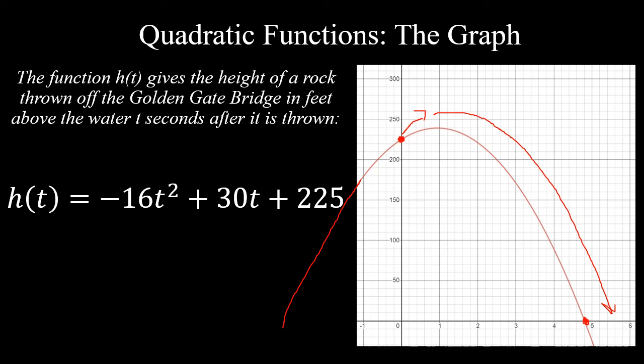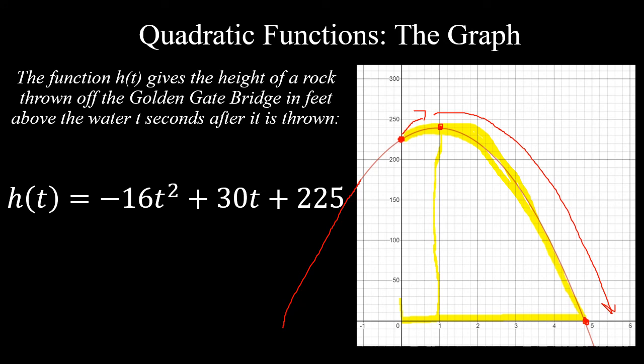Our maximum height was 239 feet, right up here. So this part of the graph, from here to here, is the only piece that we're concerned about. That is where our domain and range came in. Our input went from 0 to 4.83, and our output went from 0 up to 239.